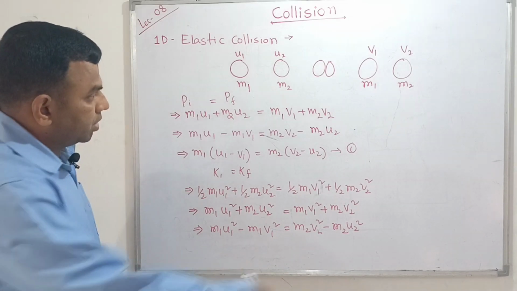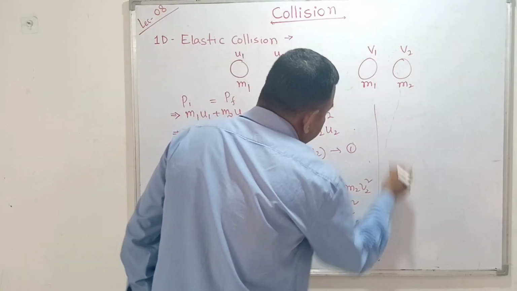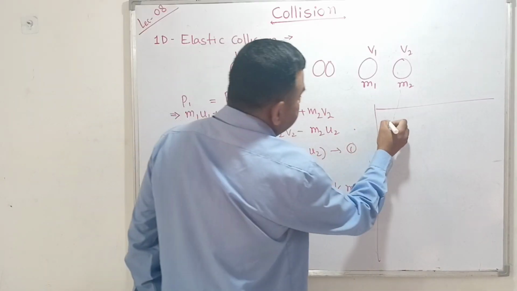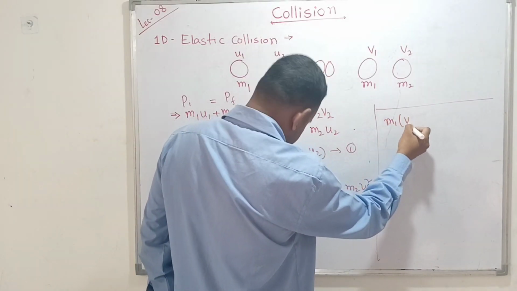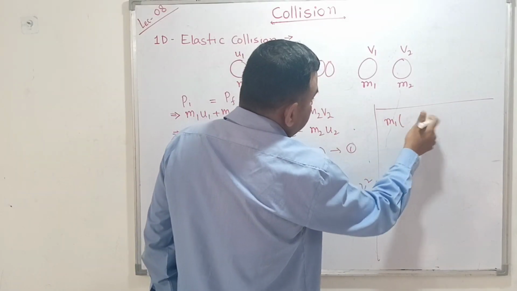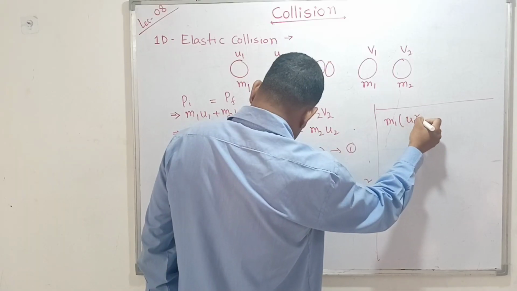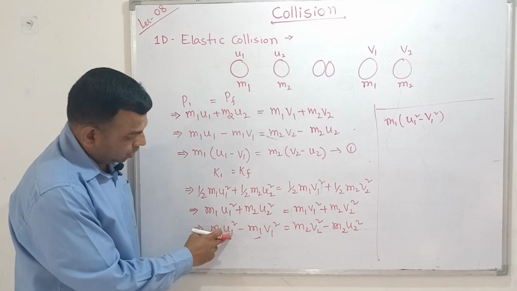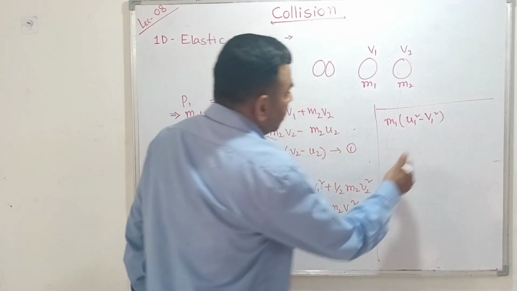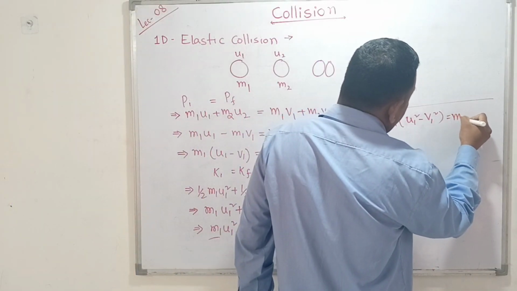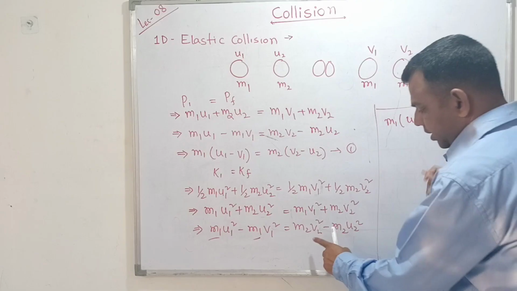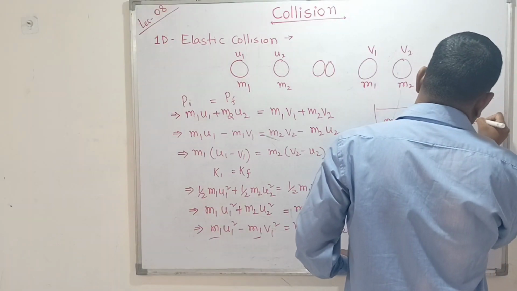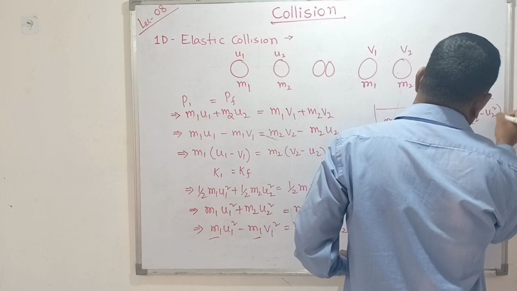Correct? Okay, come here, since there is no place, take m1 common on the left side, that is m1 times u1 square minus v1 square, and on the right side m2 common, so m2 times v2 square minus u2 square.